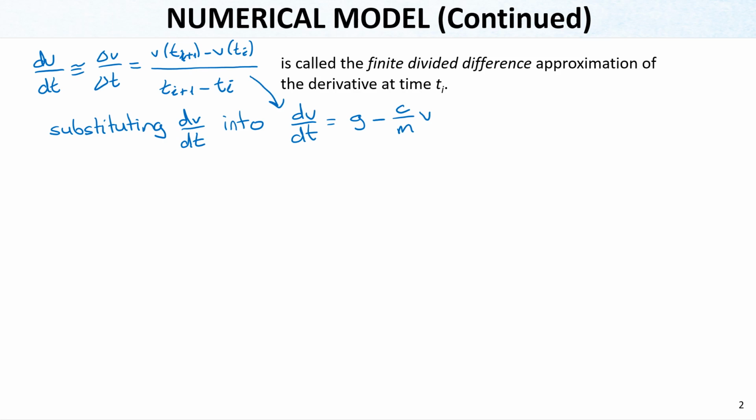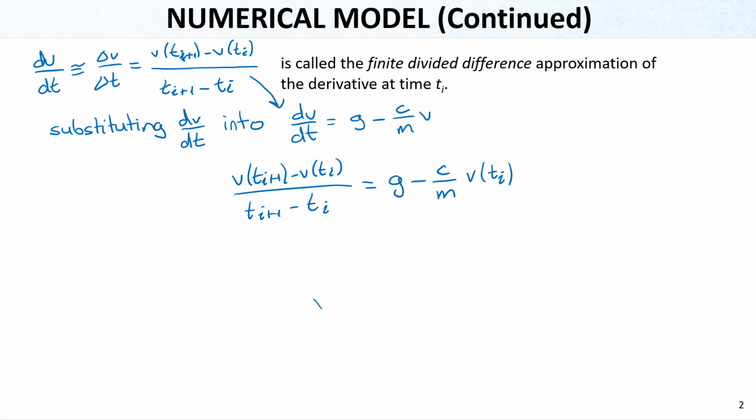If we put it here, v of ti plus 1 minus v of ti divided by ti plus 1 minus ti is equivalent to g minus c over m v. This v is the initial, or the velocity at ti.